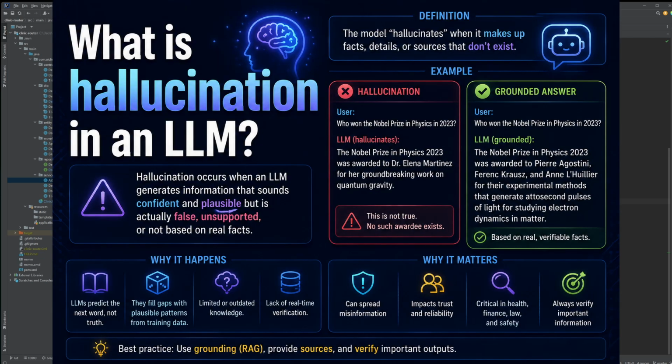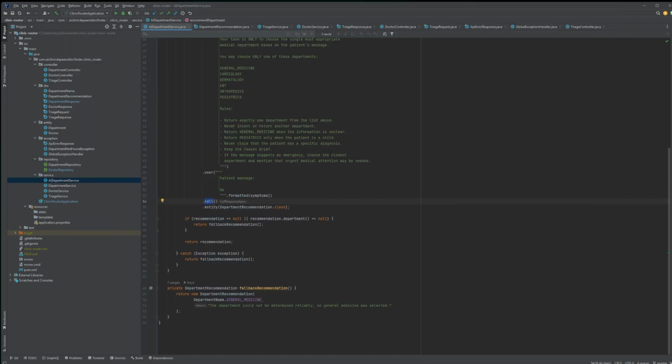What is hallucination in an LLM? Hallucination is when a model generates information that sounds plausible but is not grounded in real data. For example, an AI could invent a doctor who does not exist. That is why I separate AI reasoning from database retrieval.